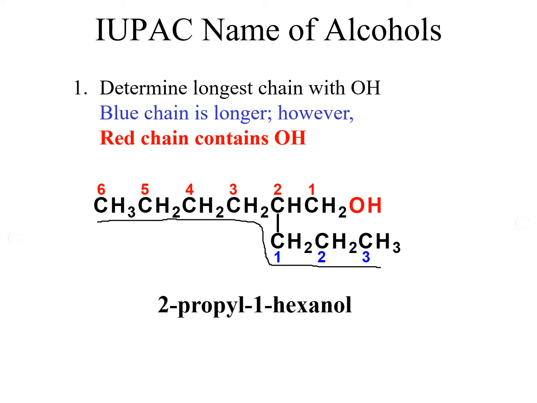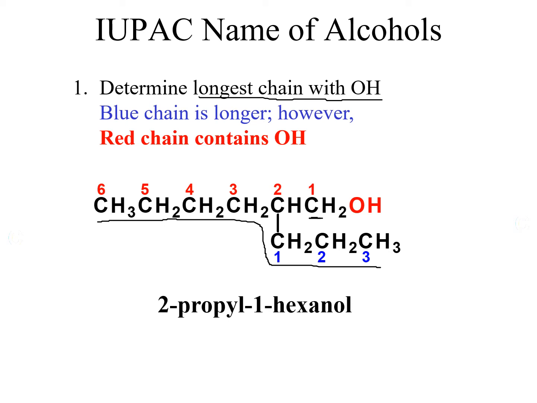It will have 1, 2, 3, 4, 5, 6, 7, and 8 carbons in it. But the problem with this one is that we have to find the longest chain with the OH group or the hydroxyl group carbon. The carbon which is attaching the hydroxyl group must be a part of the chain.